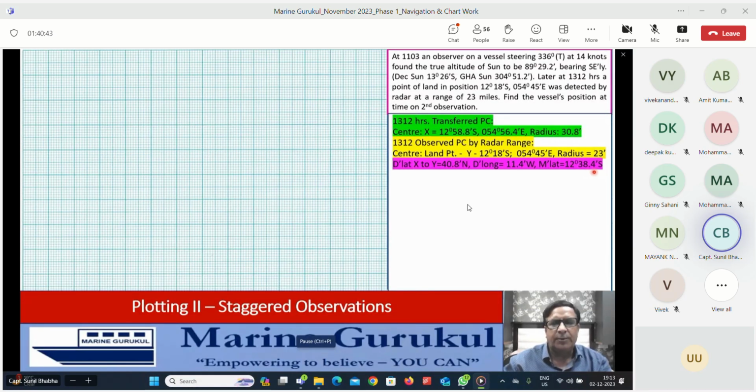Using this MLAT, this D long can be converted into departure from X to Y, and the departure comes to 11.1 minutes west. Now with this information, we can get going with the plotting.